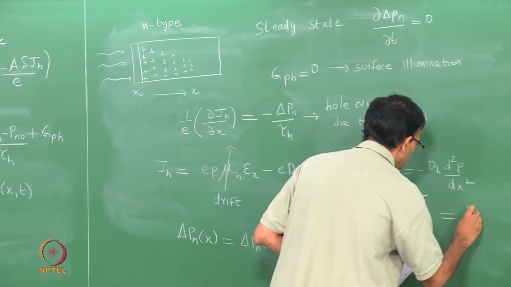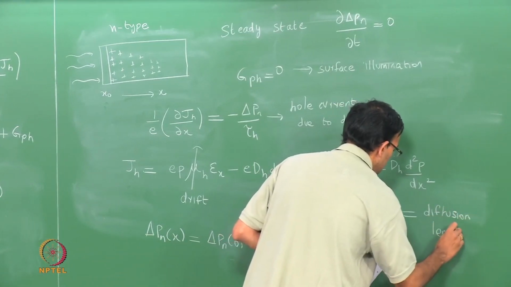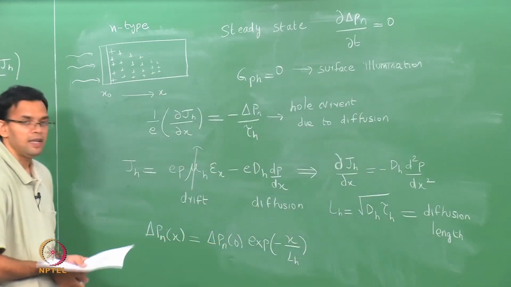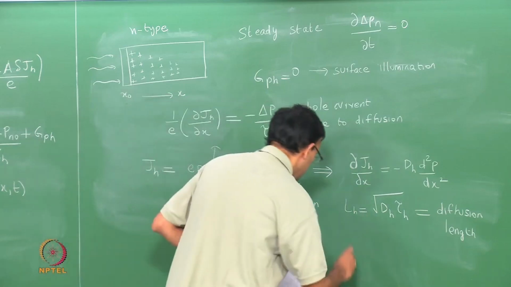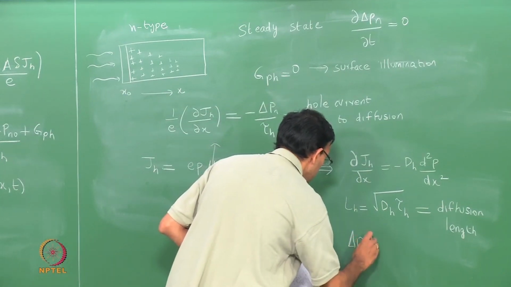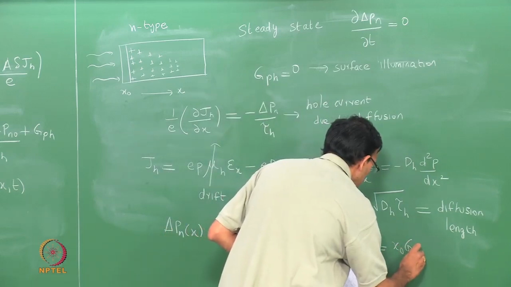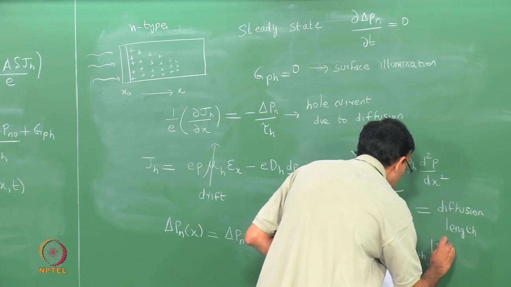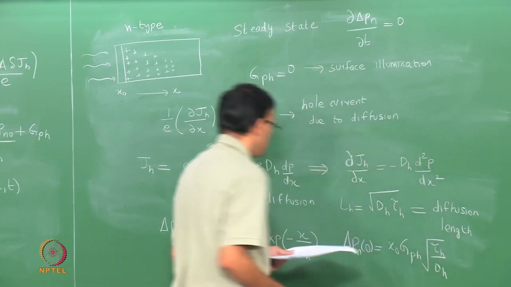So, Lh is the diffusion length. So, delta Pn naught, which is the number of carriers that are generated at the surface, is equal to x naught Gph square root of tau h Dh.